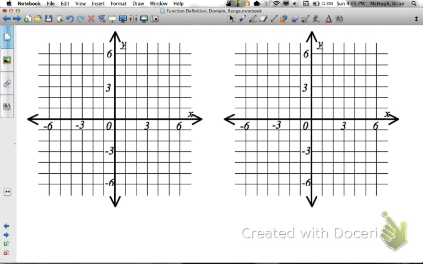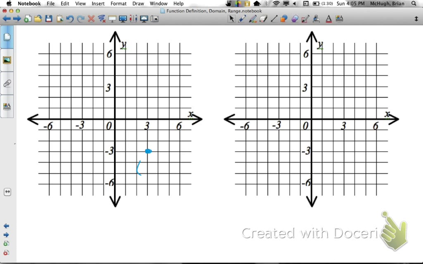I'm going to look at a few examples of graphs and try to determine the domain and the range of the graphs that we see, even without necessarily knowing what the function is. We're going to draw a graph and see if we can figure it out. So let's plot a few points.